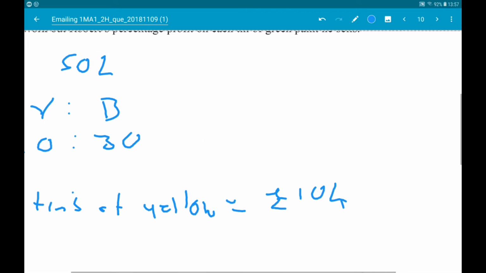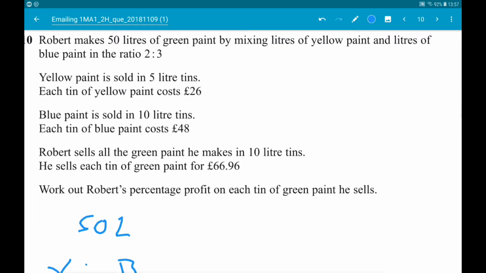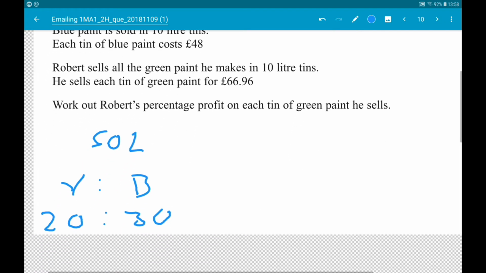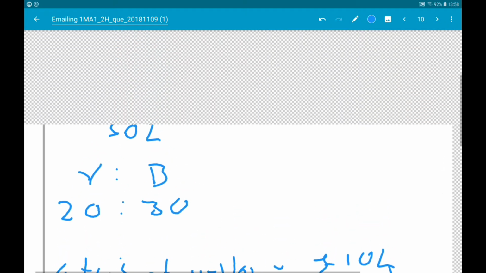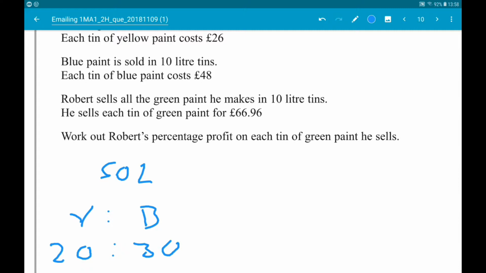Now blue paint is sold in 10-litre tins, he needs 30 litres, so we're going to need 3 blue. So that's going to be 3 times 48, which is 144.